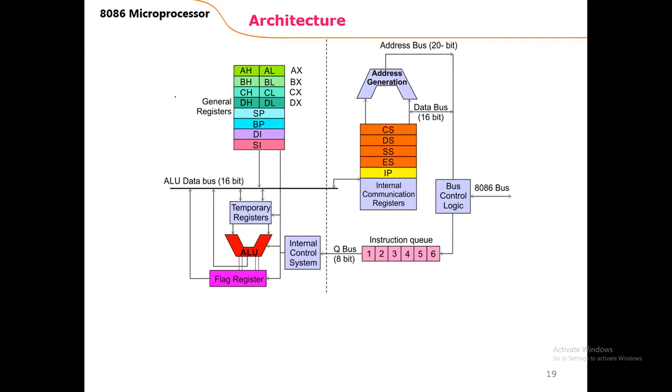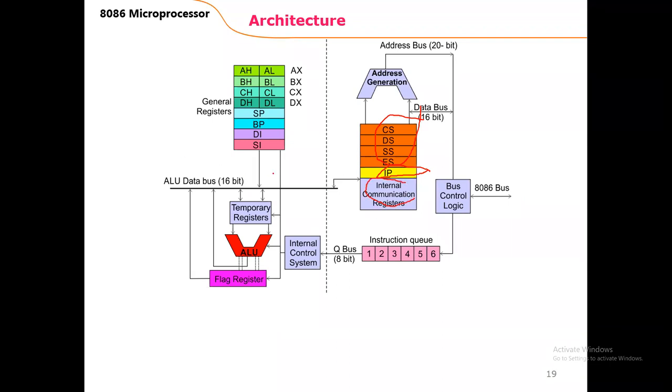This is the general register: AX, BX. The segment registers are four: code segment, data segment, stack segment, extra segment. This is the IP, the instruction pointer, which generates the address location. This is the internal communication register.